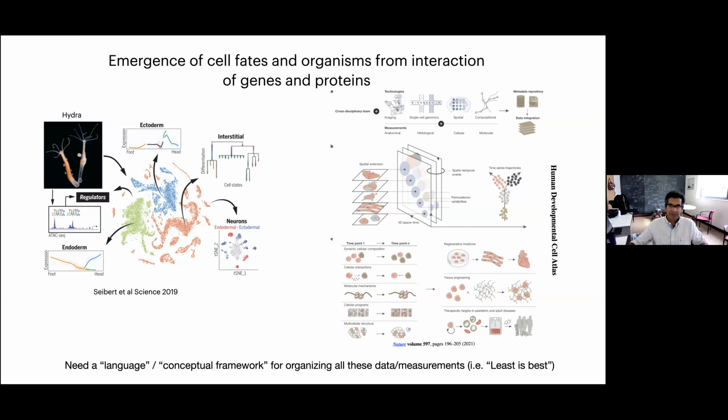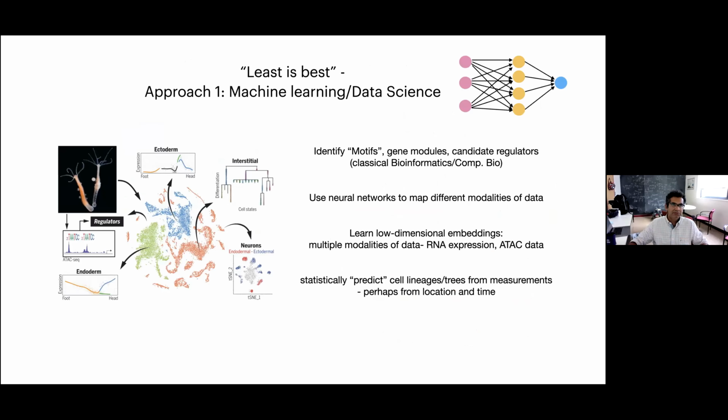I think we've seen that there are at least two very different approaches one can imagine. One is what I would call an approach based on machine learning and data science. In this day and age, with the success we heard earlier of all these folding algorithms, RoseTTAFold, AlphaFold, with all the successes in machine learning, I don't have to sing the virtues of this kind of approach.